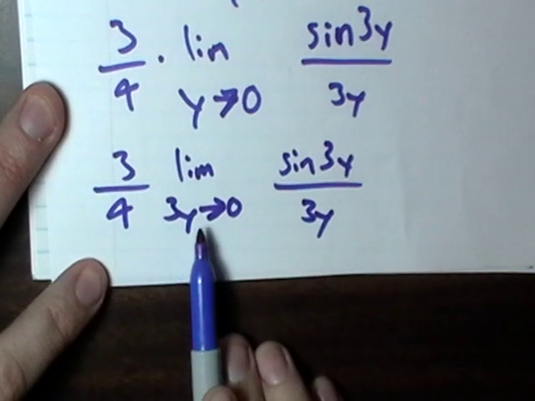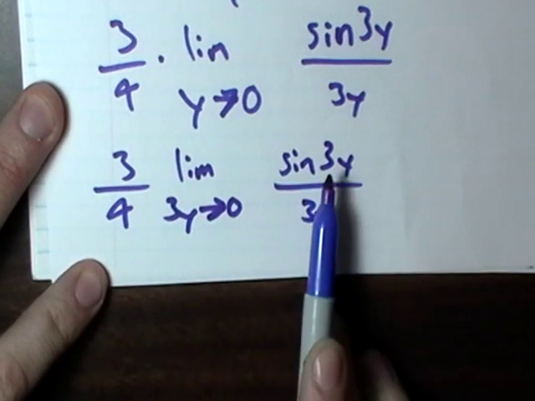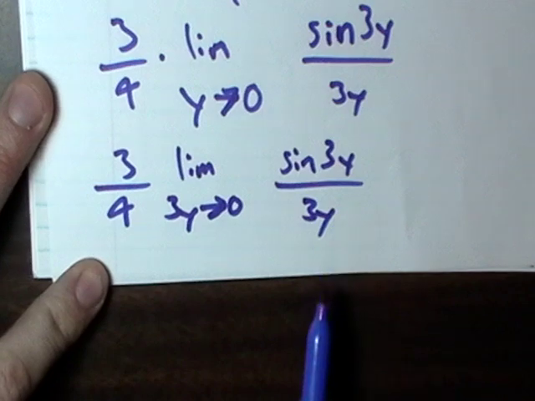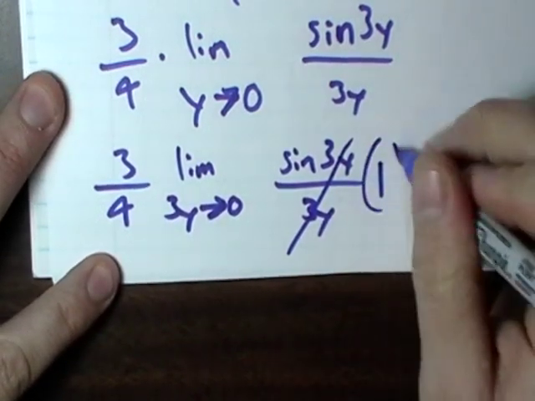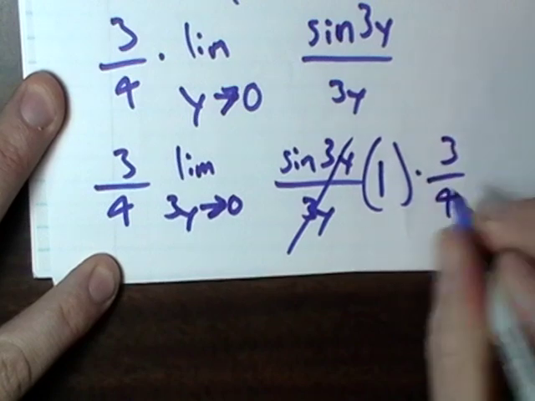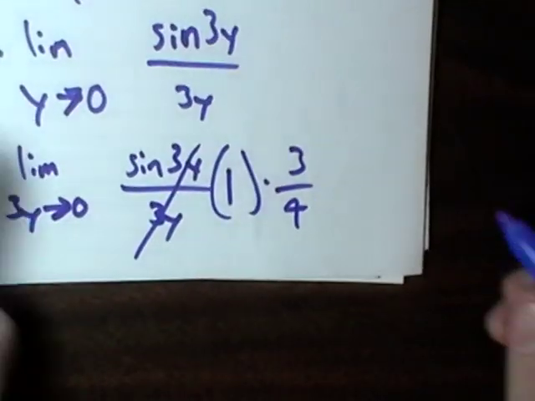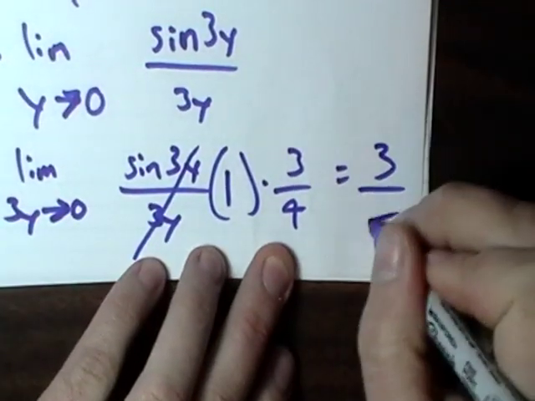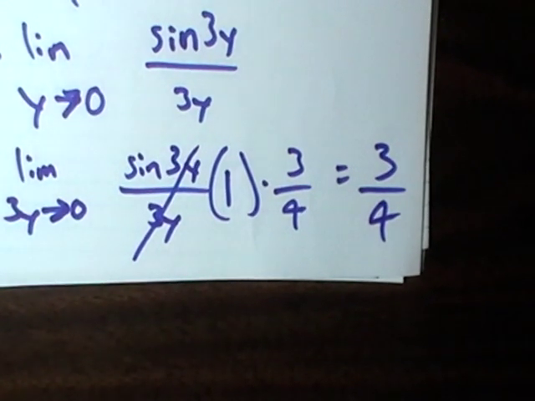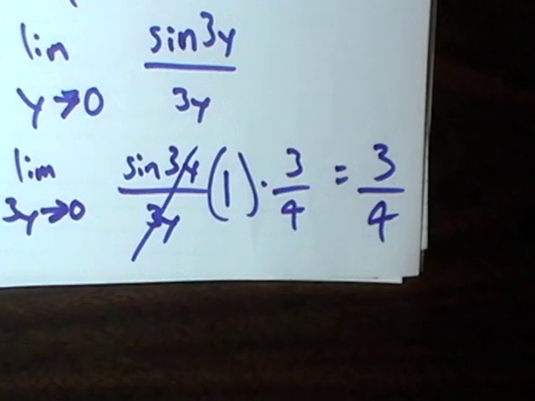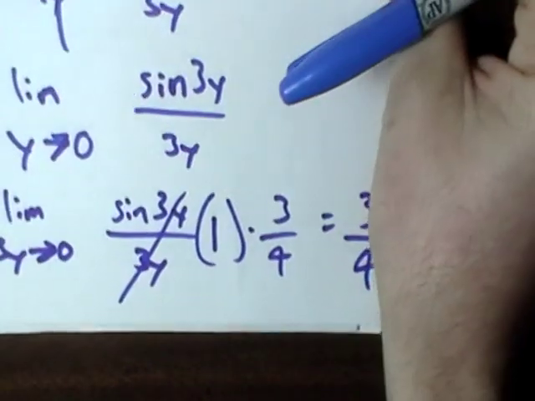So the limit as 3y goes to 0 of sine of 3y over 3y is going to go to 1, multiplied by our 3/4 back here, and that's just going to go back to 3/4. So that'll cover that one.